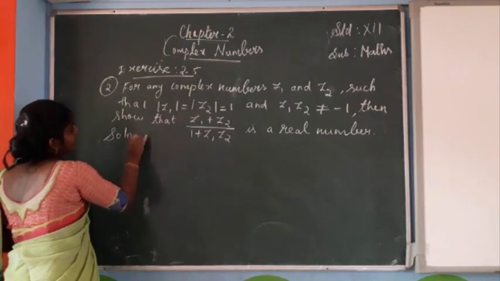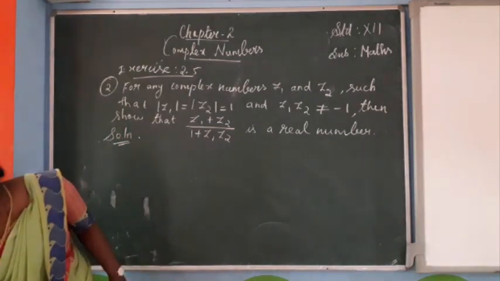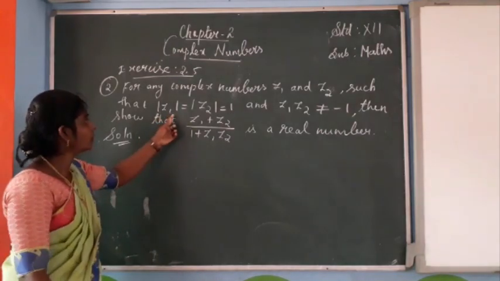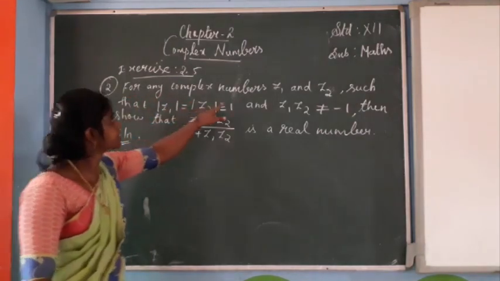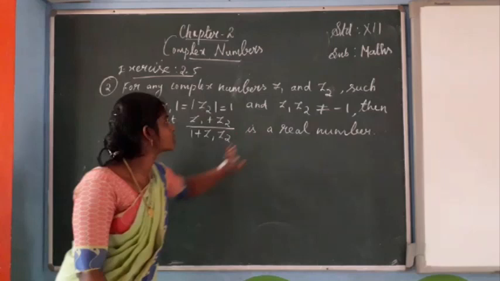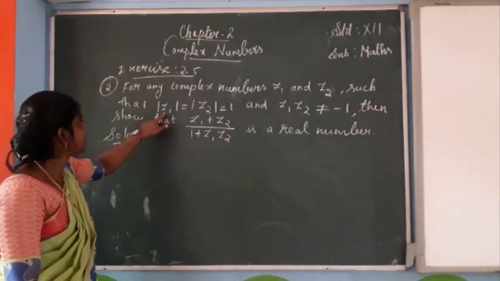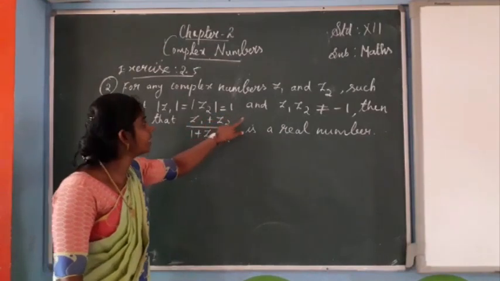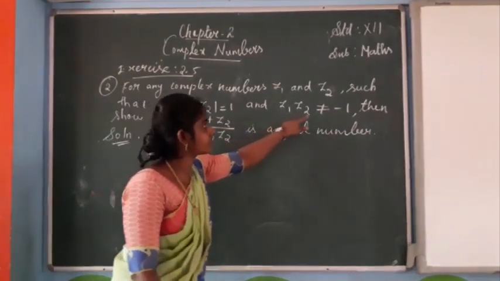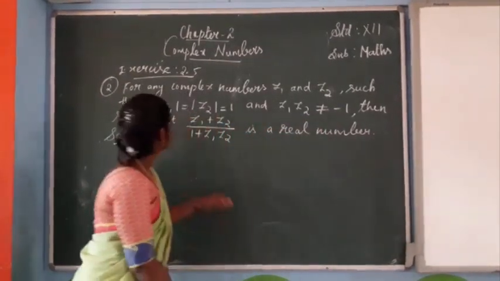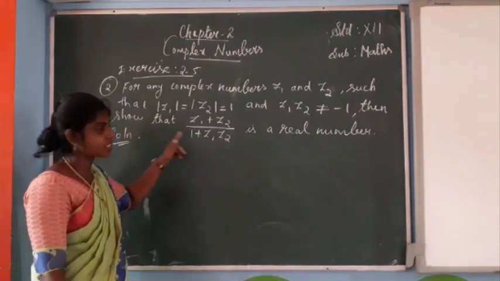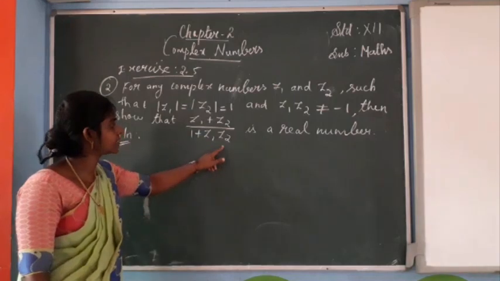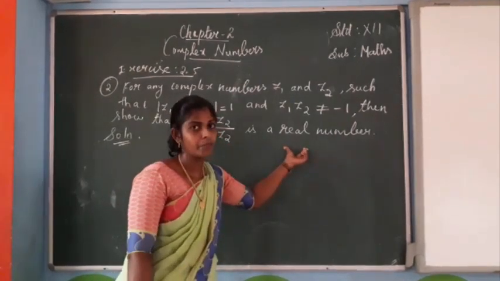Solution. Same as the previous problem, so we can find the Z1 value. For any complex numbers Z1 and Z2 such that modulus Z1 is equal to modulus Z2 is equal to 1 and Z1 Z2 is not equal to -1, show that (Z1 + Z2) divided by (1 + Z1 Z2) is a real number.